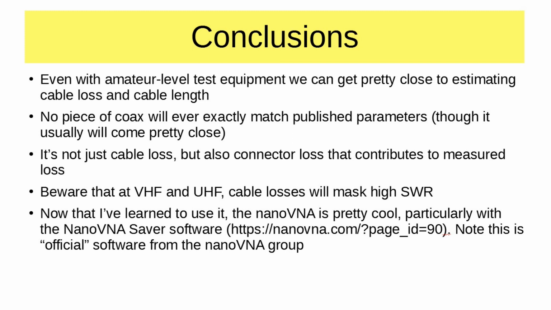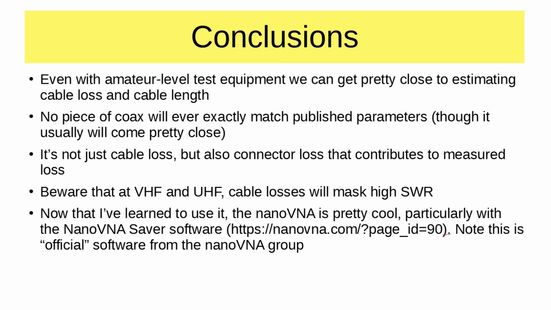Now, it's not just cable loss, but also connector loss that contributes to measured loss. We showed connector loss of anywhere between 0.1 and 0.3 dB. Some people say that connectors are as high as 1 dB, but we certainly didn't measure that here.